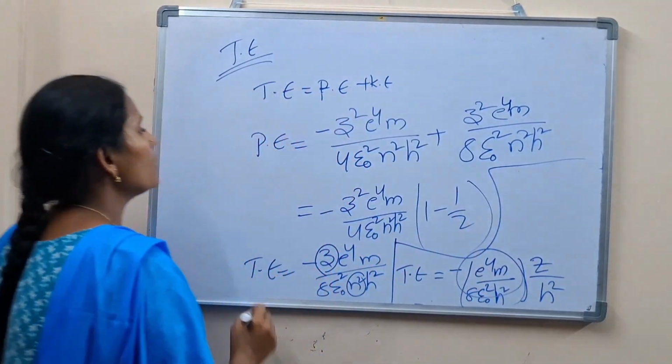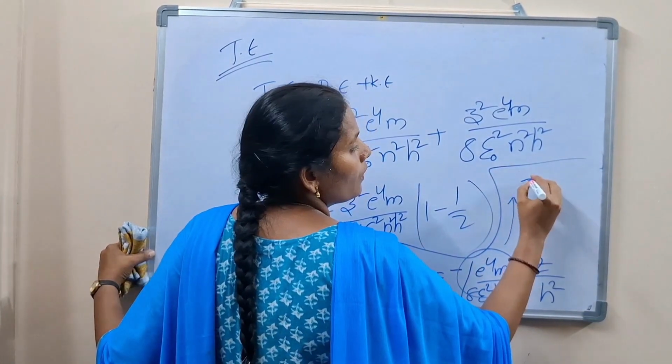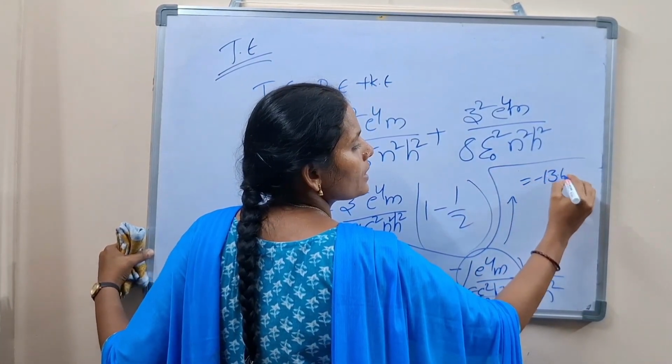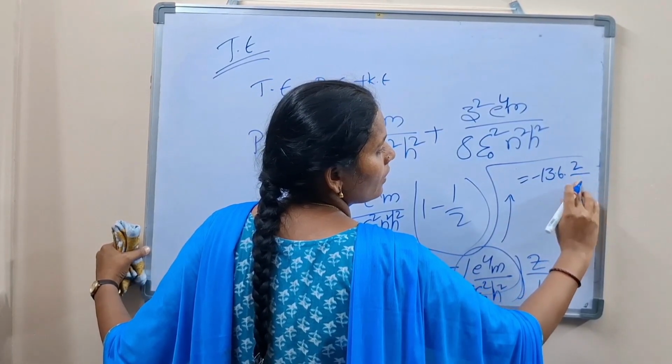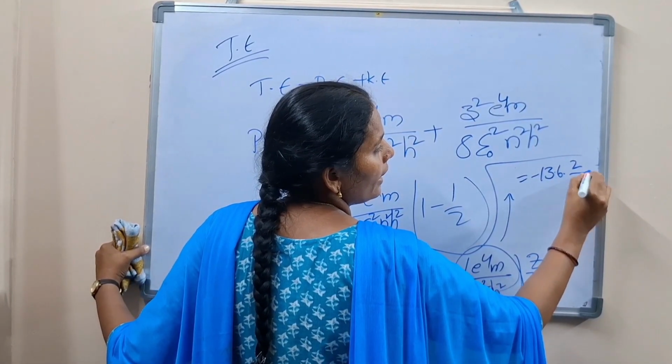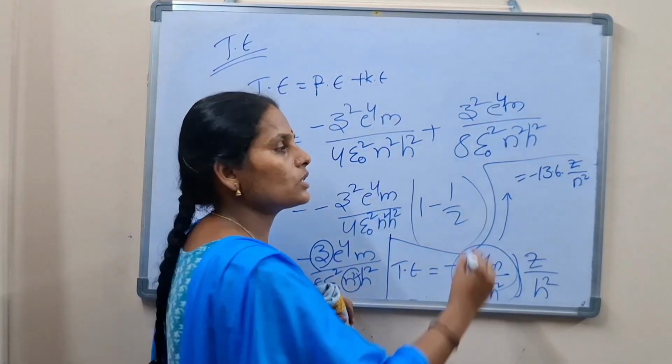This entire constant value becomes minus 13.6 into Z square by n square. Okay, minus 13.6 into Z square by n square.